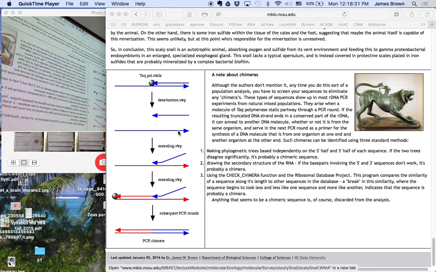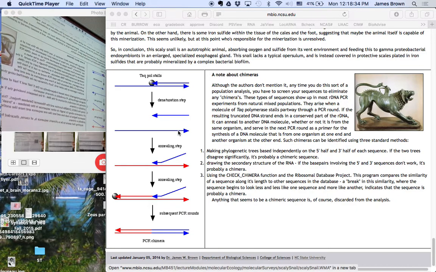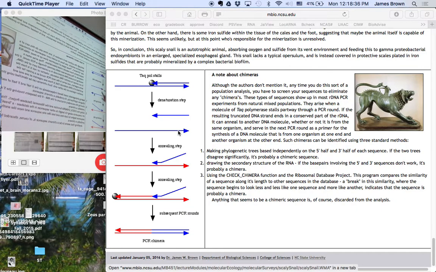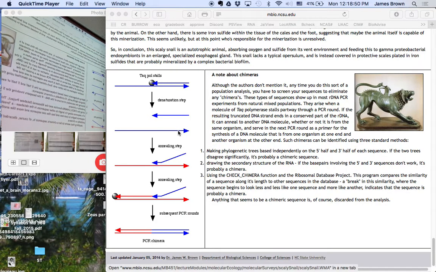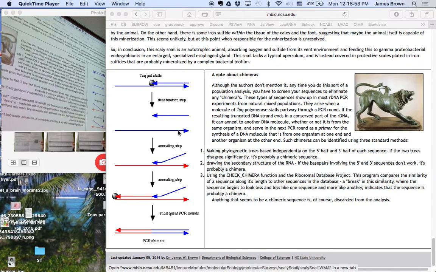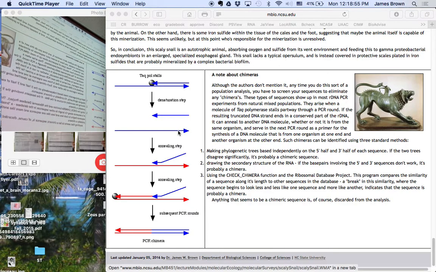When those DNA fragments end in sequences that are highly conserved, they can serve as a primer on a different sequence. They're complementary because it's a highly conserved sequence. It will bind, and then in the next round of PCR, another DNA polymerase molecule will bind this like it does every other primer template complex, and make the rest of the molecule.